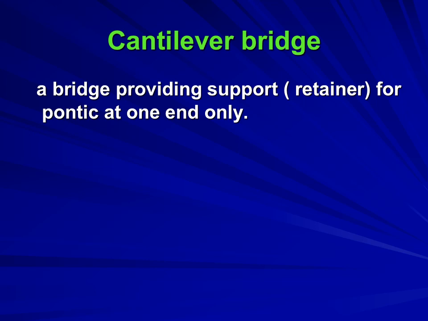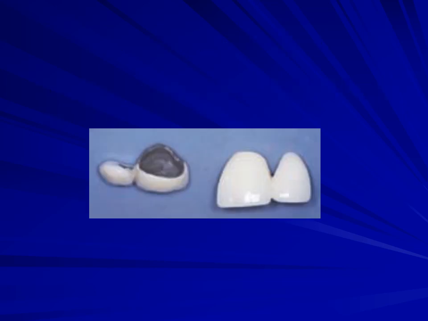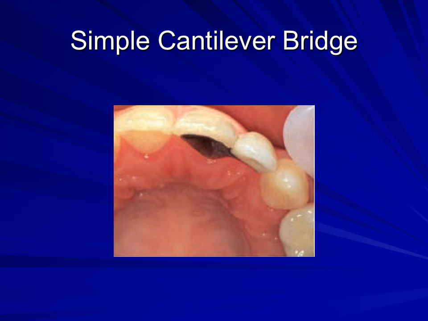Cantilever bridges: a bridge providing support or retainer for the pontic at one end only. May be simple, only one abutment or one retainer, or maybe double cantilever bridges, where two abutments are prepared and two retainers connected by rigid connectors. This is an example of simple cantilever.